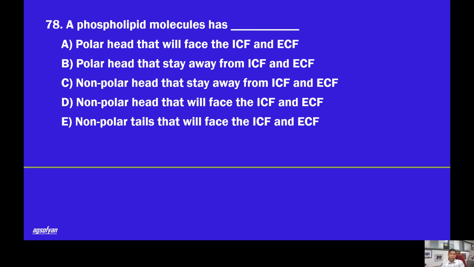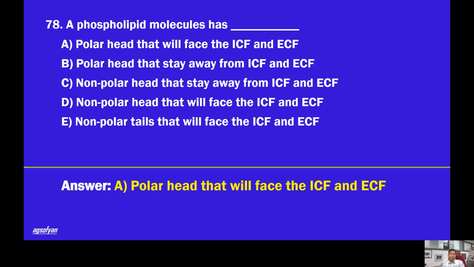Yes, the answer will be A, polar head that will face the ICF and ECF. Remember, phospholipid has two sides. The head, which is phosphorus, carries charge so it is polar, and the two tails, which are fatty acid, are non-polar.